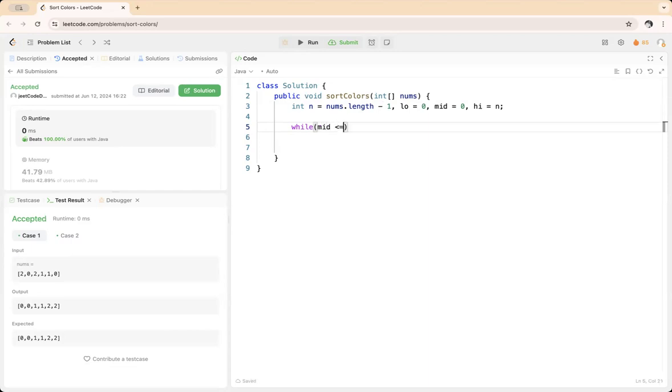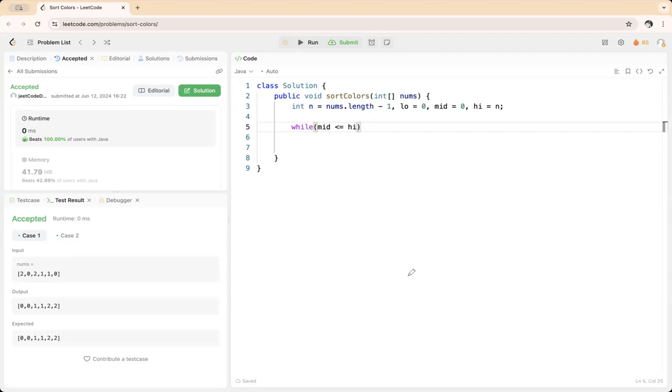is less than or equal to high, because it is possible that our array contains only zeros and ones. This problem nowhere says that 2 has to be mandatorily there in the array.